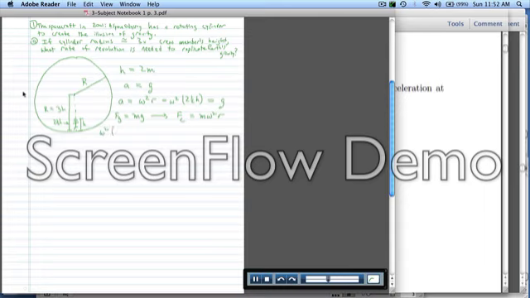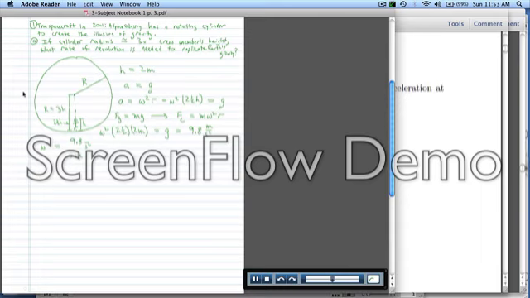Okay, so now we have omega squared times 2.5 times 2 meters equals g, which equals 9.8 meters per second squared. So now we have omega squared equals 9.8 meters per second squared divided by 2.5 times 2 meters, which is 5 meters.